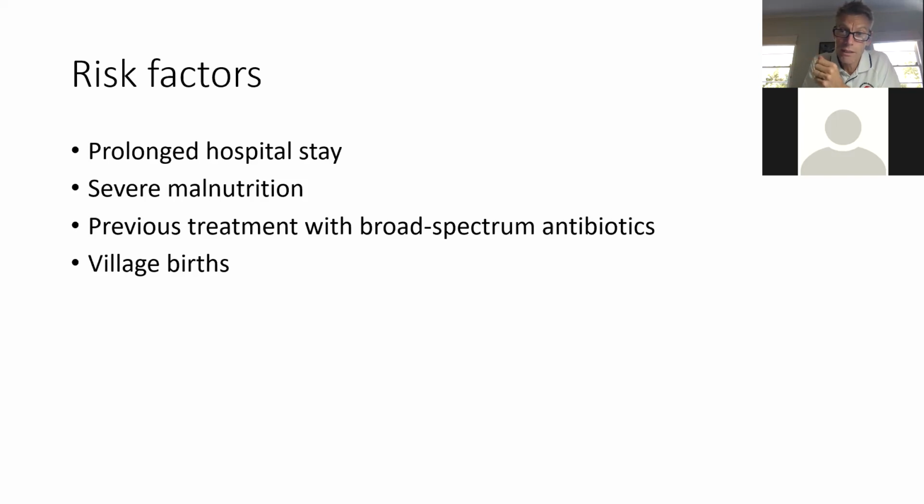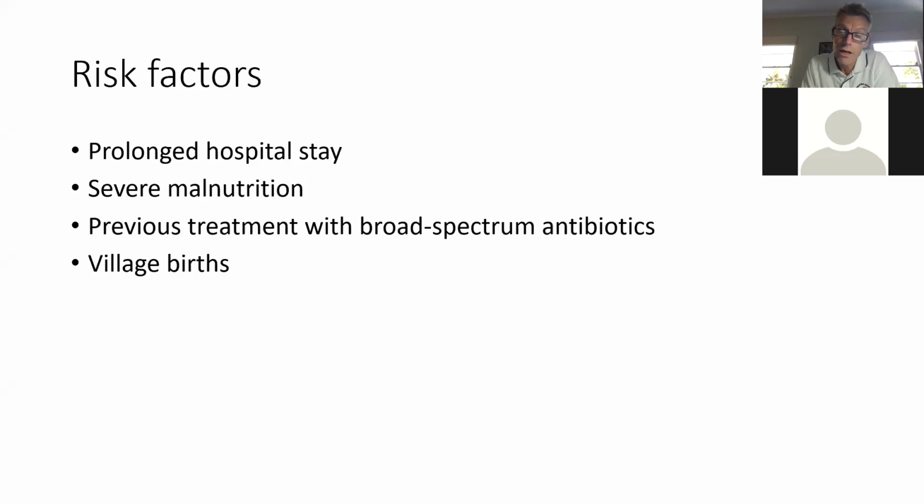There are a couple of other risk factors in the study I just mentioned, and one was children with severe malnutrition, and part of that is that they stay in hospital for a very long time. But I think also part of that is that we always treat them with antibiotics. It's rare that a child with severe malnutrition doesn't get treated with antibiotics.